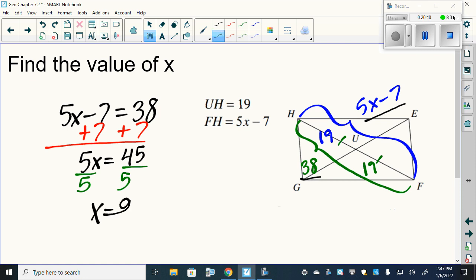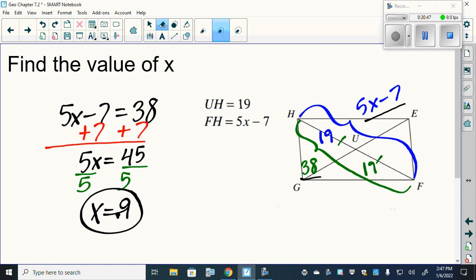X is equal to 9. And that's it. Questions on this here?